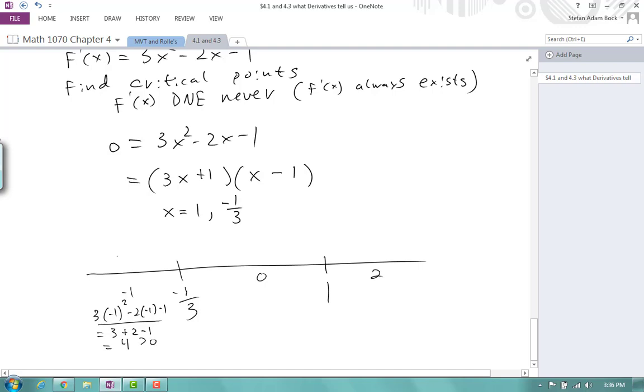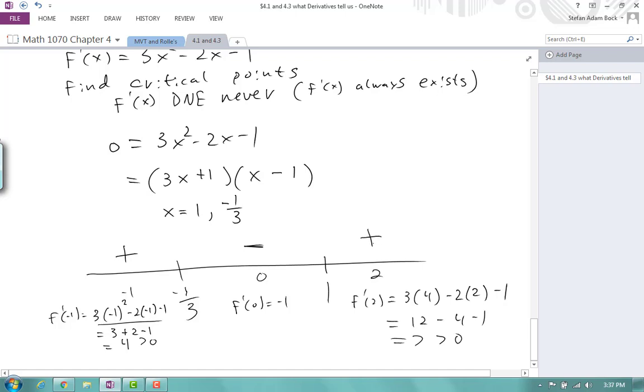That's positive. If I plug in 0, I get -1. That's negative. And if I plug in 2, I get 3 times 4 minus 2 times 2 minus 1, which is 12 minus 4 minus 1, which is 7, which is again positive.